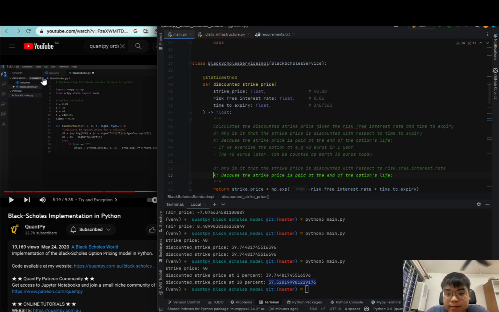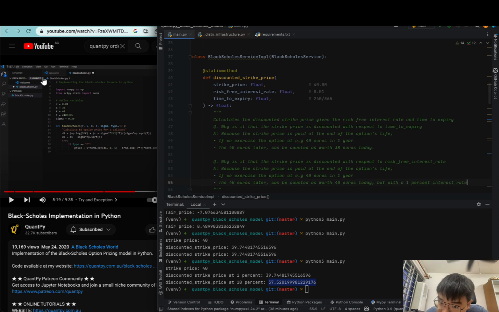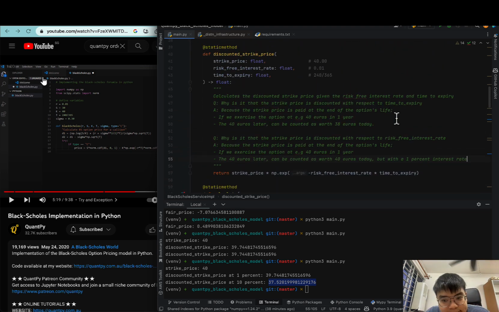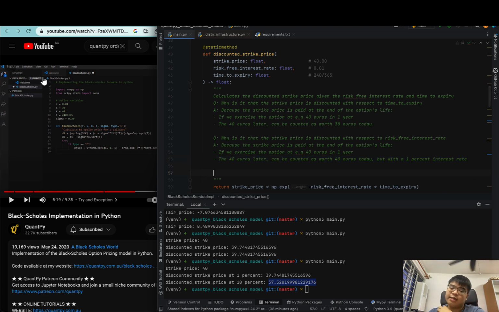So because the strike price is paid at the end, we exercise in 1 year, 1% is... I don't think this term really makes sense to me, but let's see.